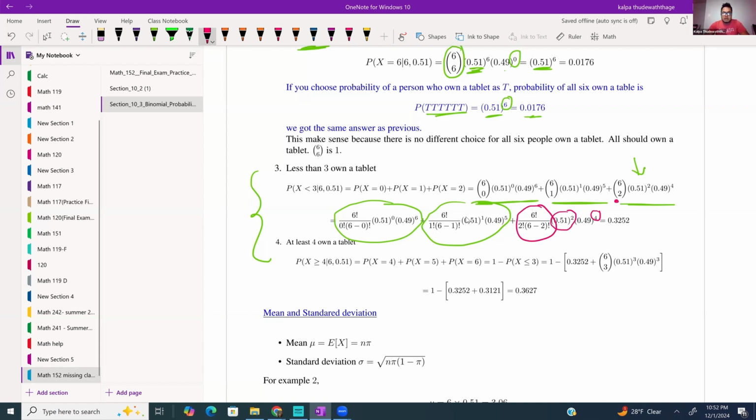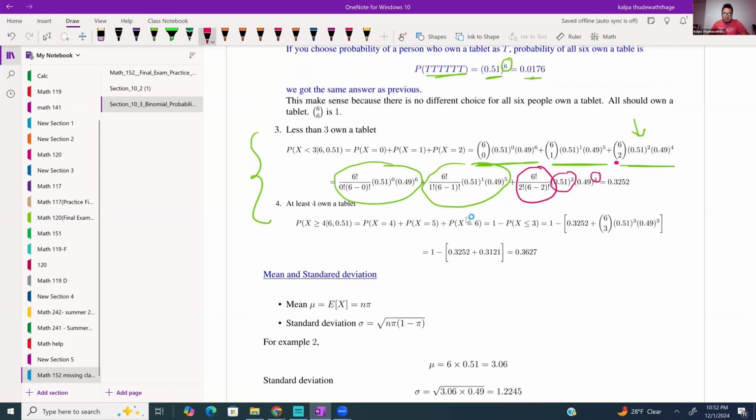The other possibility is at least 4 people owning a tablet. At least 4 means it could be 4, 5, or 6. You can get that probability by subtracting the probability of less than or equal to 3 from 1. And it will be 0.3627.